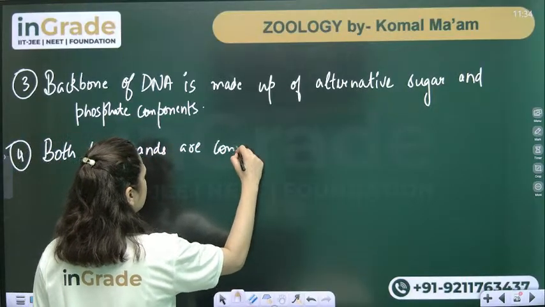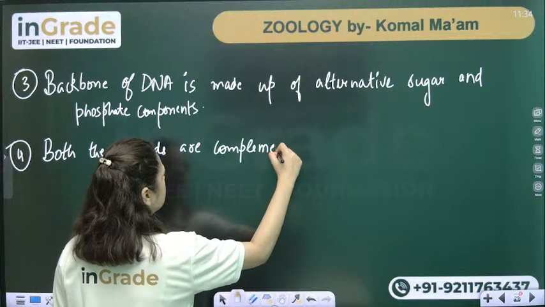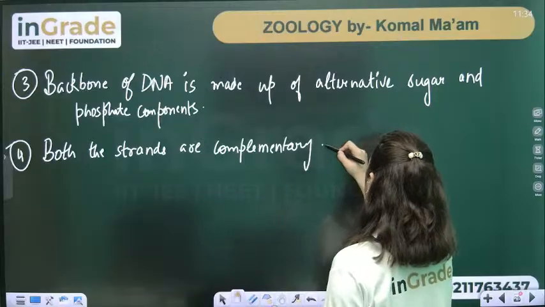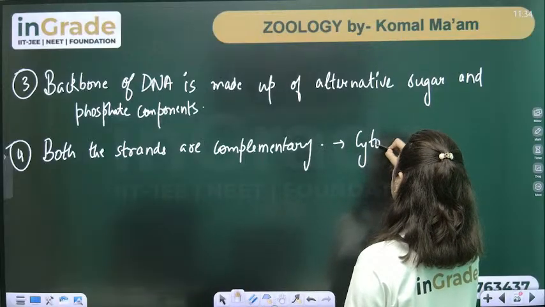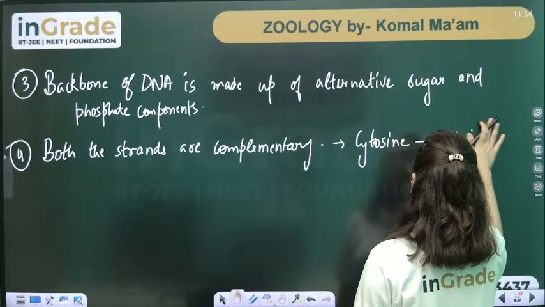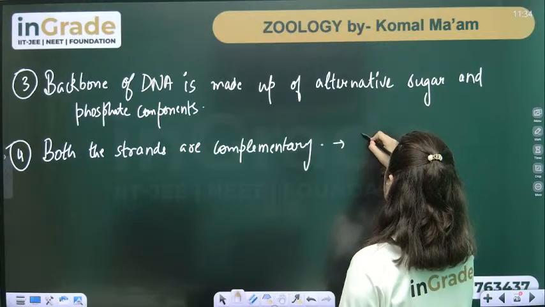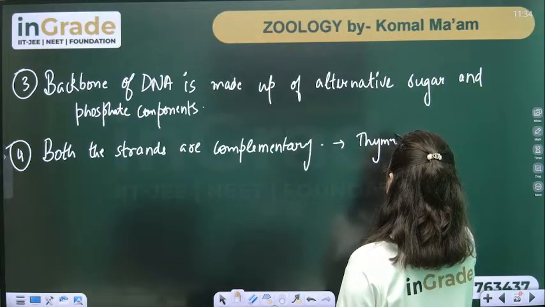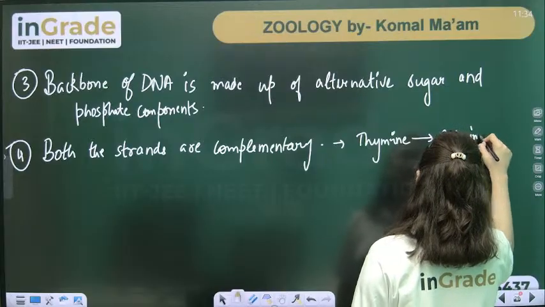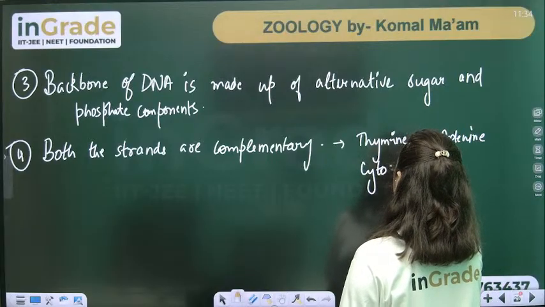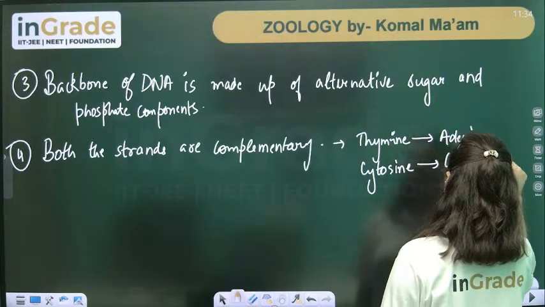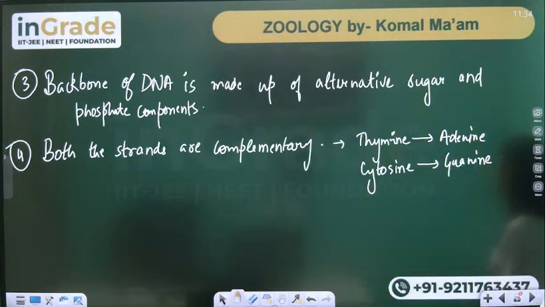What does that mean? That means thymine always faces adenine, and cytosine always faces guanine. Okay, and vice versa.